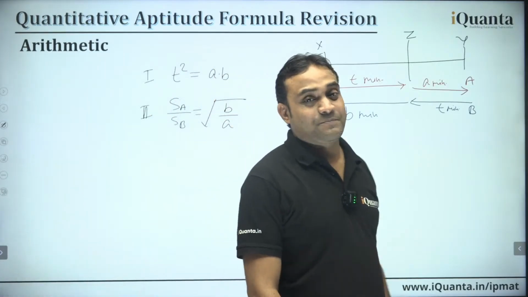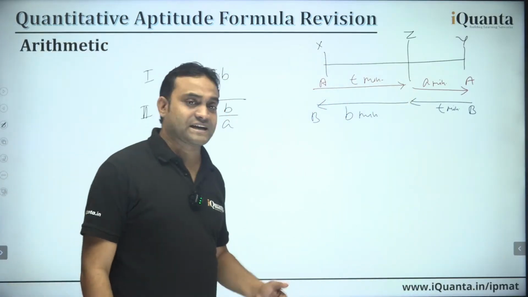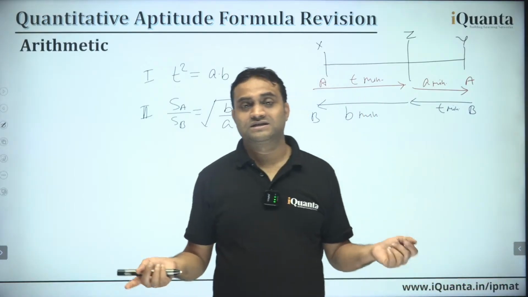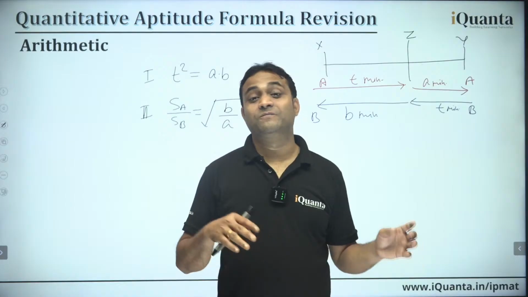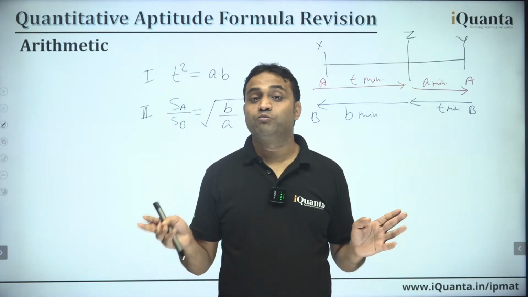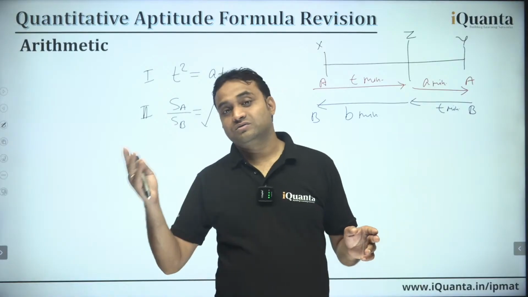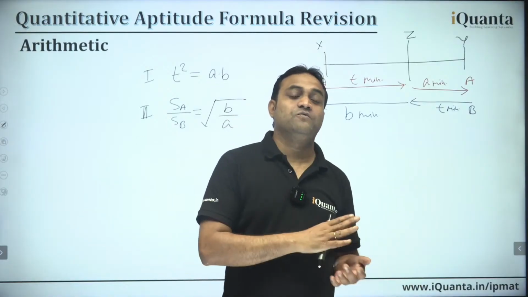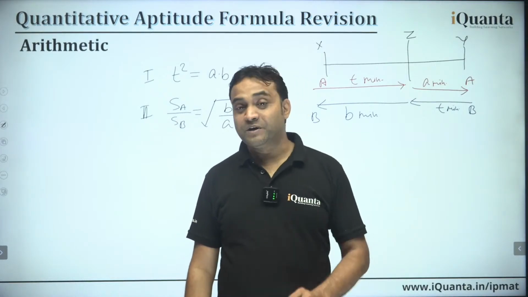If you see these types of questions, they will be very direct: A and B starting at two ends of a city, or from two different cities, from two different points towards each other. A is going to the city of B, B is going to the city of A. They start at the same time and meet in between.